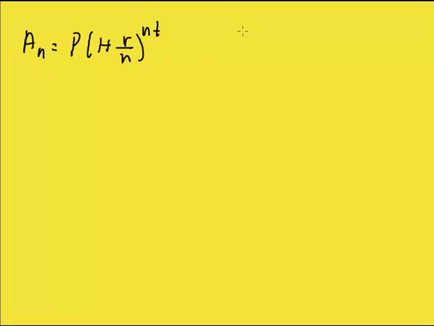I'm going to use a little mathematical trickery here. I'm going to call X equal to N over R. If X is N over R, I can write this as P times (1 plus 1 over X).